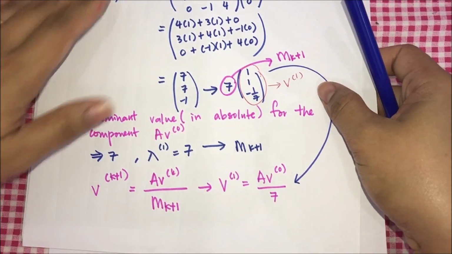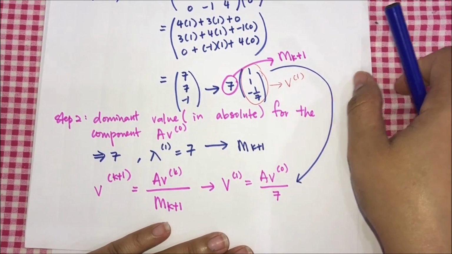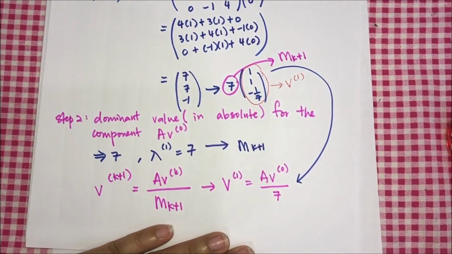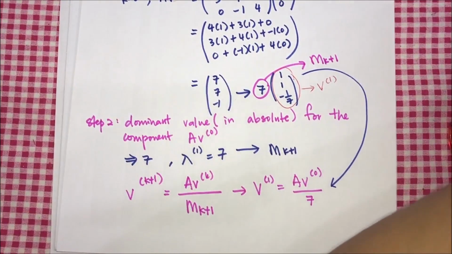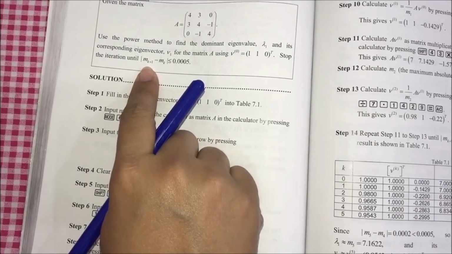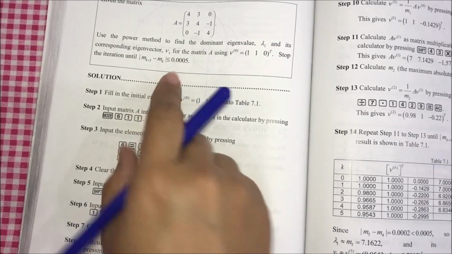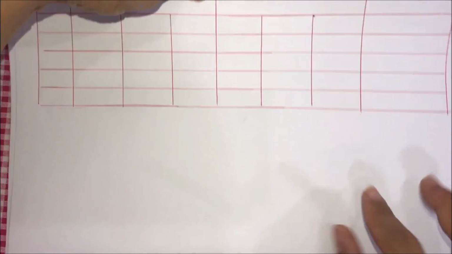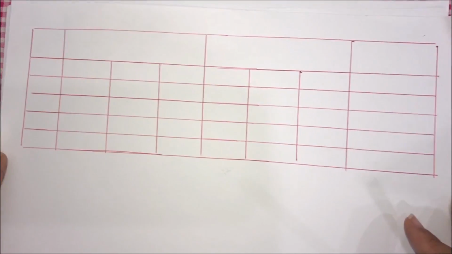This is the most simple. All this calculation we can do in a table, because we have to do the iteration until we can stop and go back to the question, when m(k+1) minus m(k) is less than 0.0005. So the simplest way is to do it in a table.